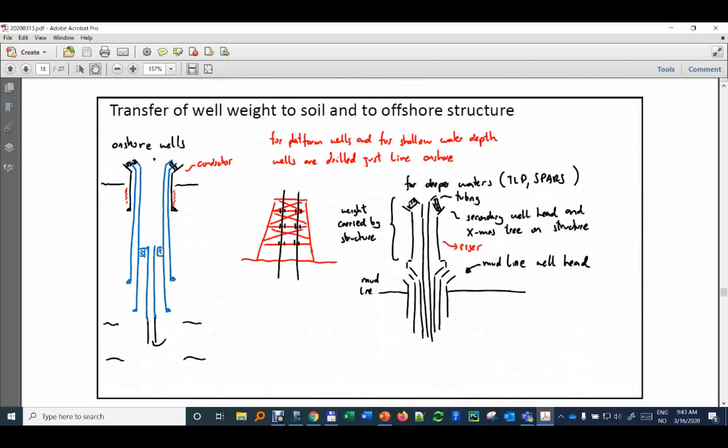Here I made a comment on the transfer of weight. Regularly in onshore wells you have the conductor, surface casing, intermediate, and production casing, and the weight is transferred to the soil through the conductor. So you hang each casing, or you hang the liner on the casing, and each one of them is hanged on the previous.